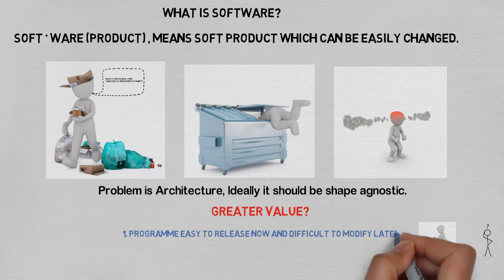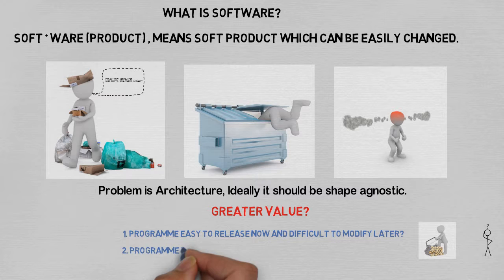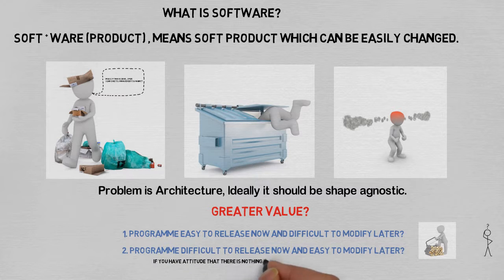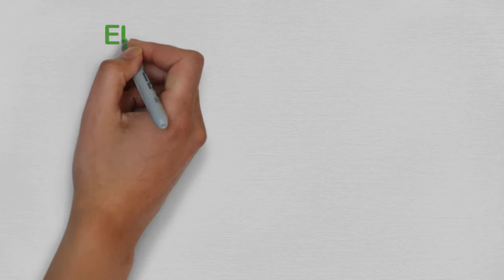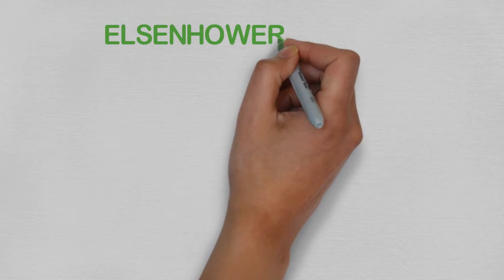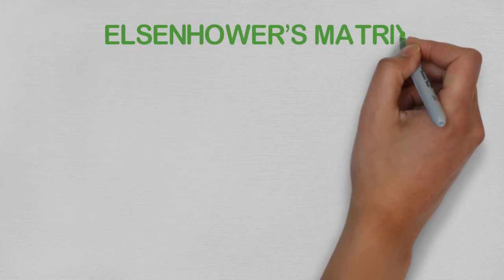He gave two examples: a program that is easy to release but won't work for the longer time, and a program that is difficult to release but may run better in the longer time. He was saying the second is much better.